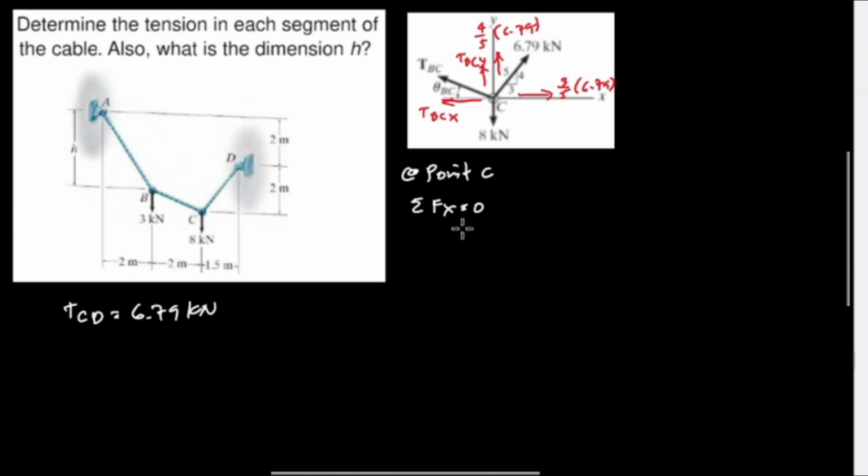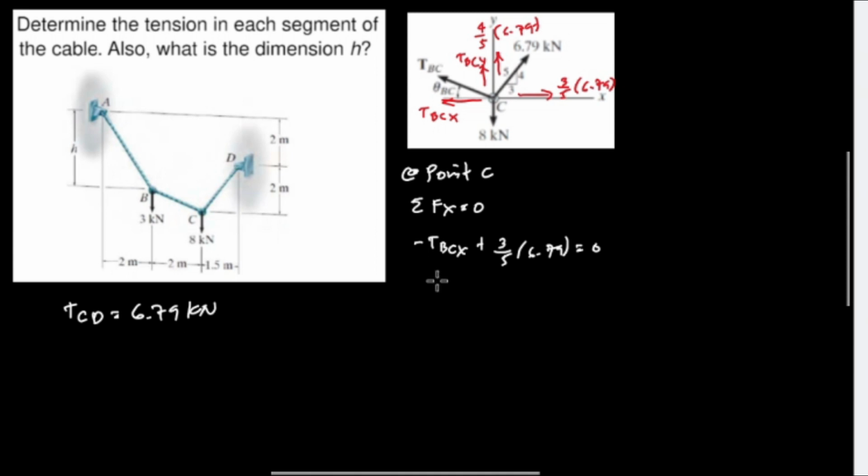So the summation of forces along x, we have TBC of x and 3/5 times 6.79. So negative TBC of x plus 3/5 times 6.79 is equal to 0.